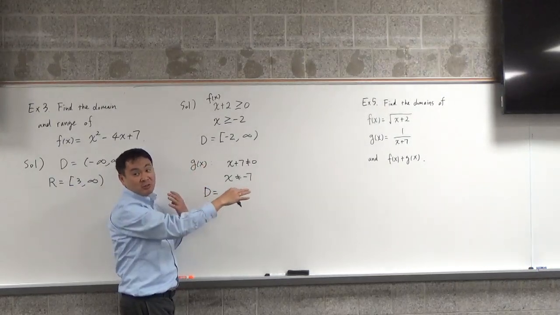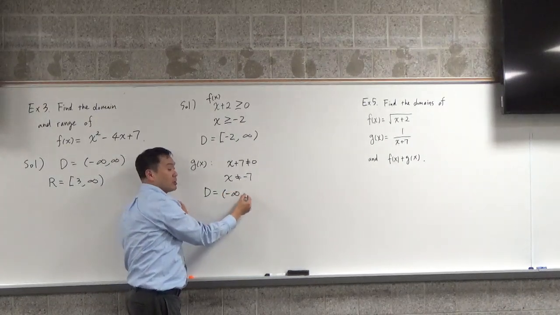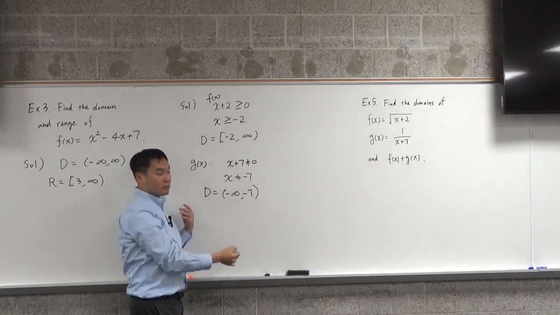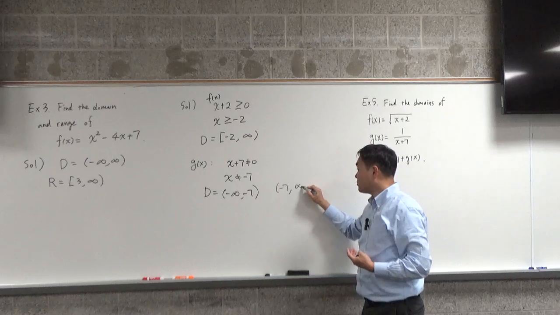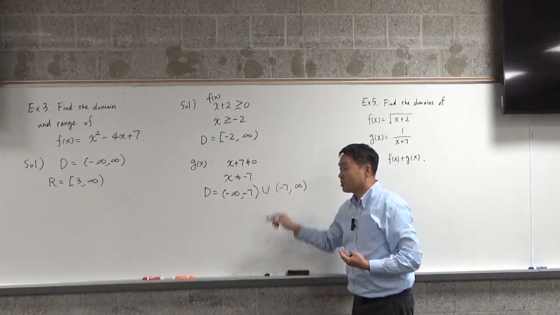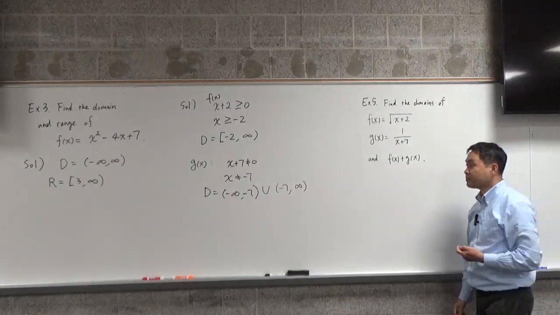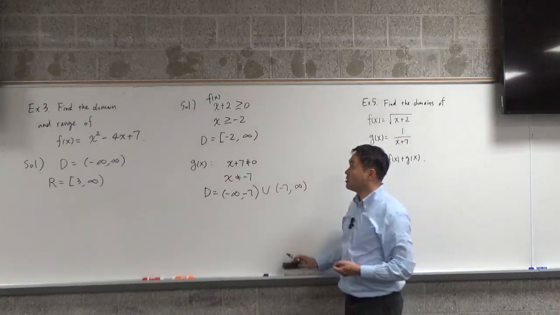Then you have two pieces on the number line, right? Negative infinity up to where? Negative 7. Okay, and then negative 7 to infinity, and then you put the union between the two. Okay? So that's the domain for g of x.